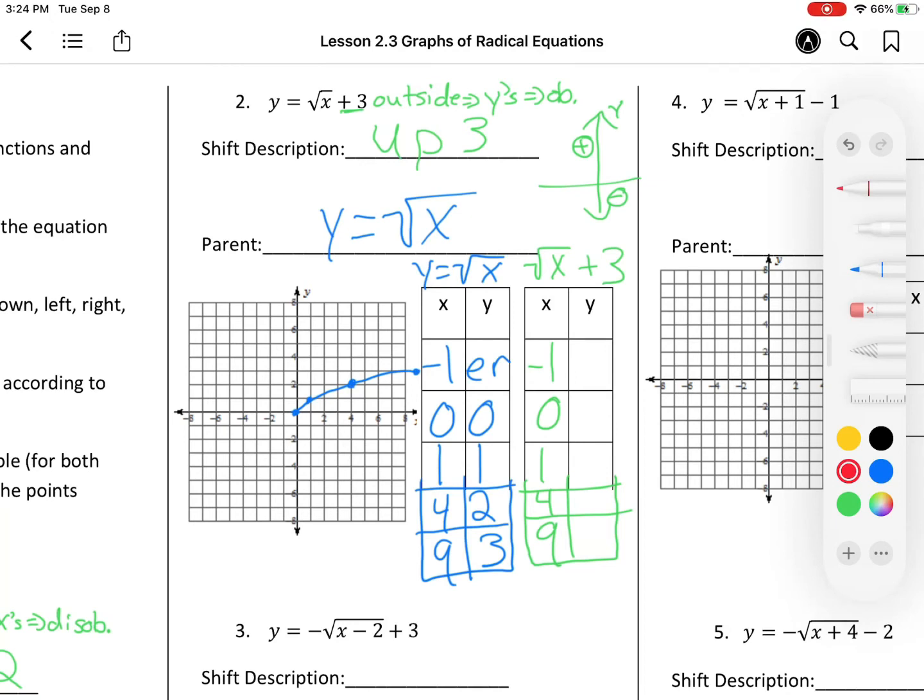So if I want to move up 3, I'm going to add 3 to all of my y values. So error plus anything is still error. 0 plus 3 is 3. 1 plus 3 is 4. 2 plus 3 is 5. And 3 plus 3 is 6.